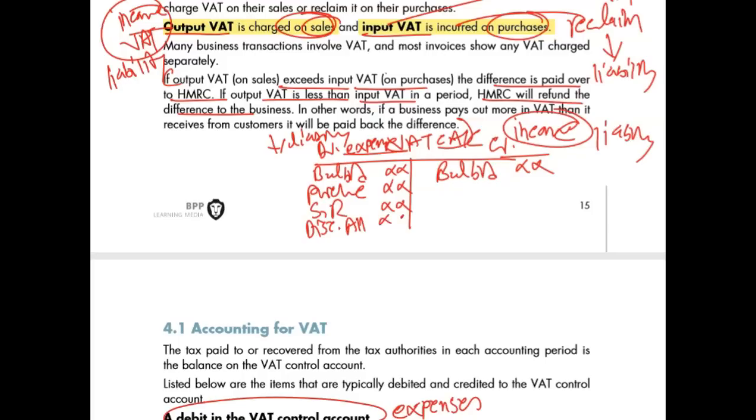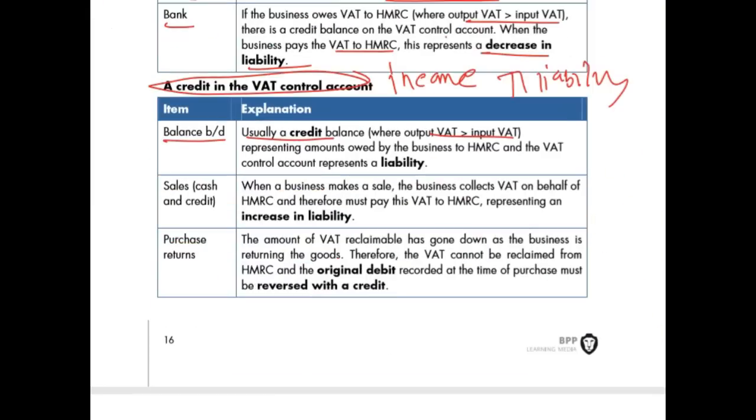Expense related everything. And bank means the VAT you paid there. And on the credit side, sales, it's income VAT, and purchase return. Let's talk about them in detail.